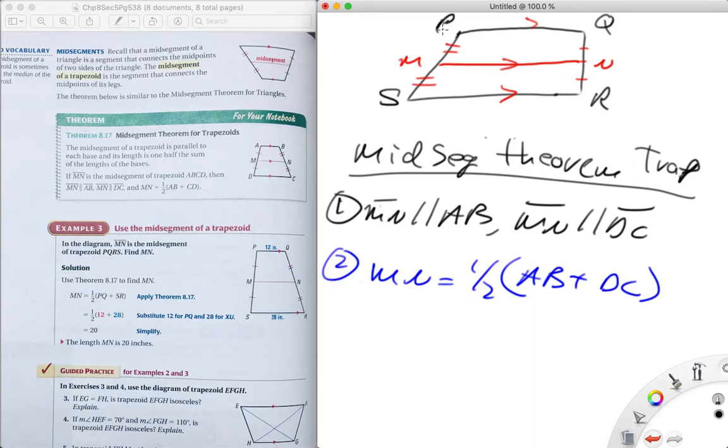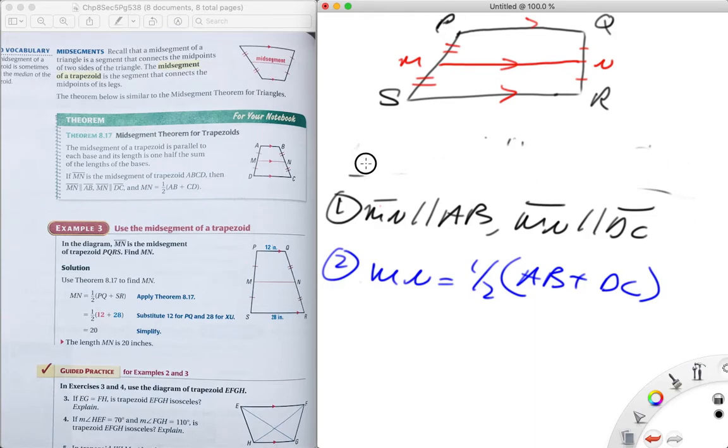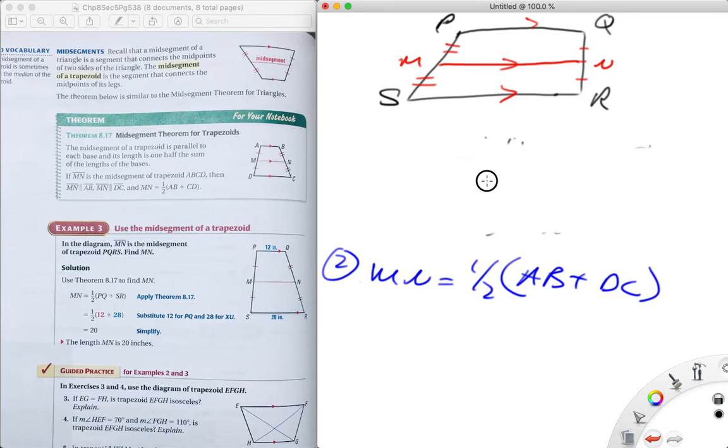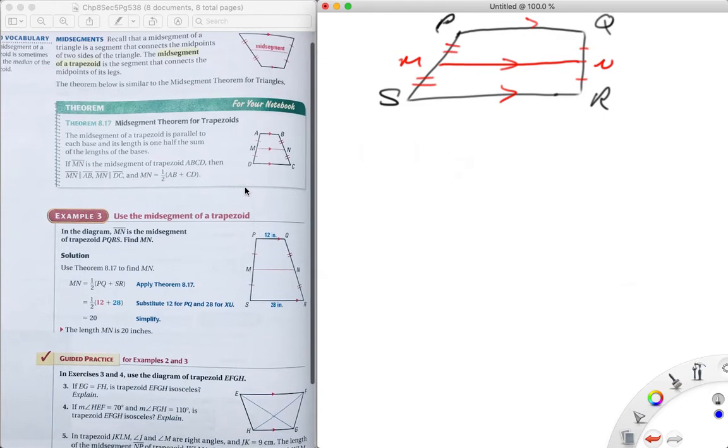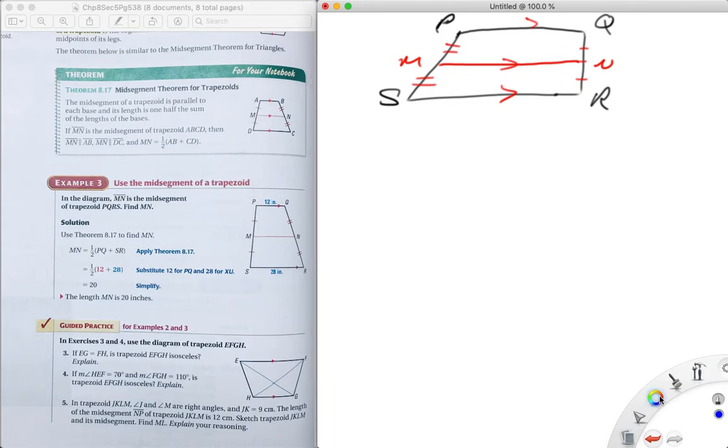Alright, so I have trapezoid EFGH. Dang it, I copied the wrong picture.